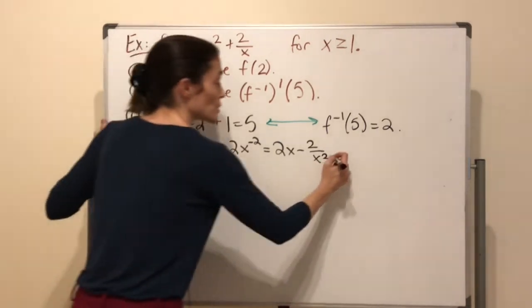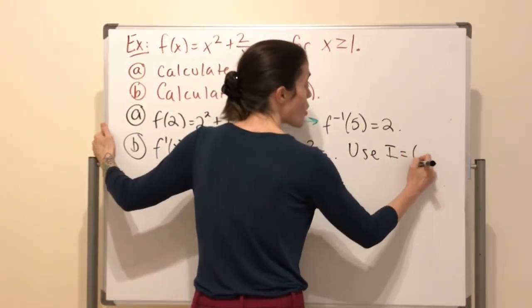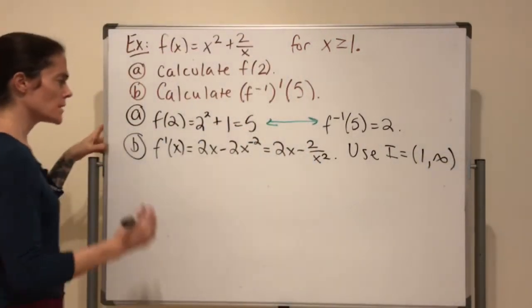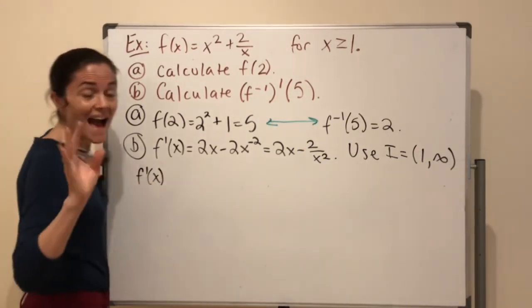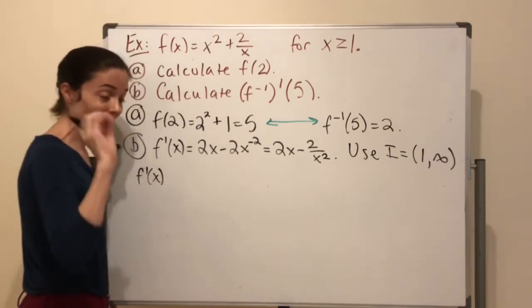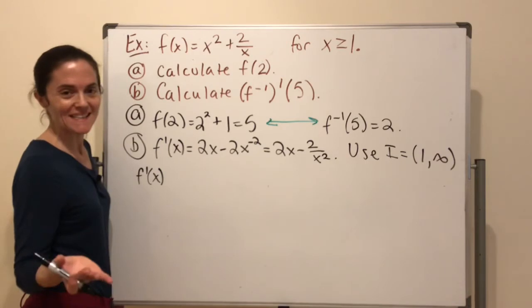Now, I will use the open interval I to be open 1 to infinity. Notice f prime of x at 1, which is not in my open interval, is 0, 2 minus 2.